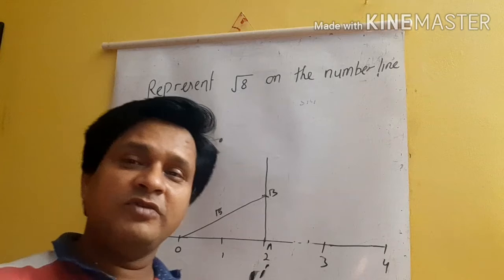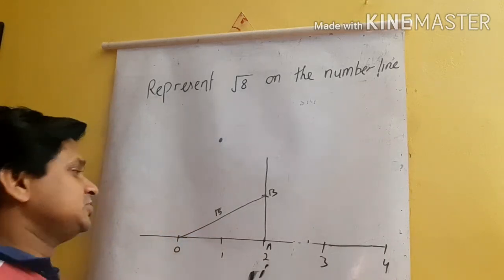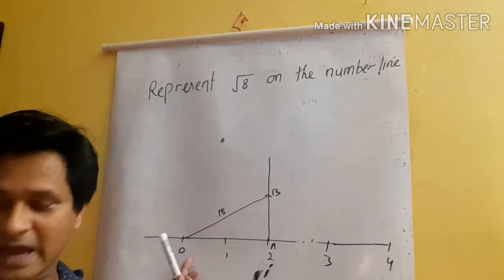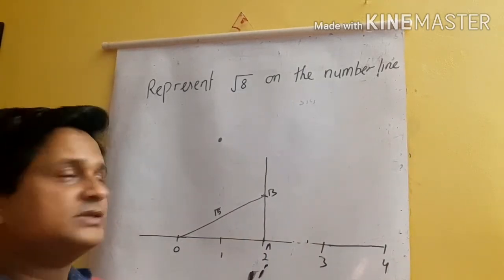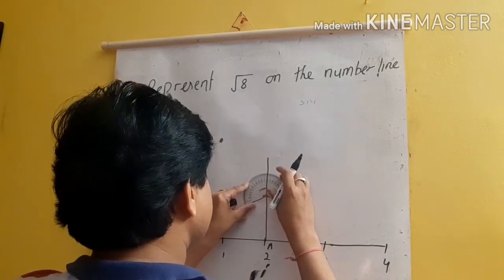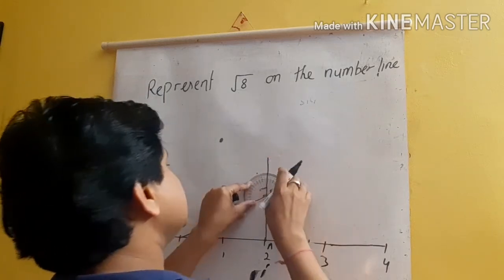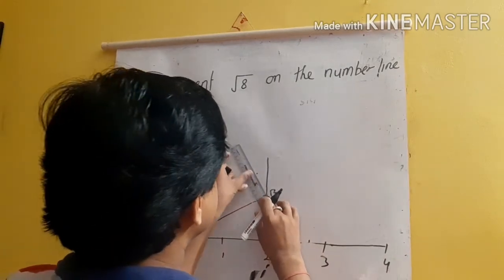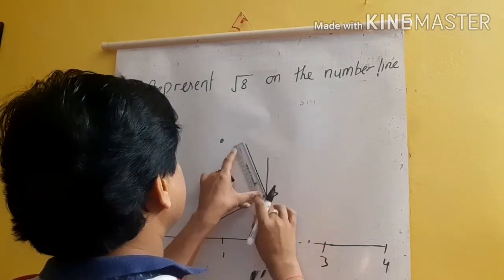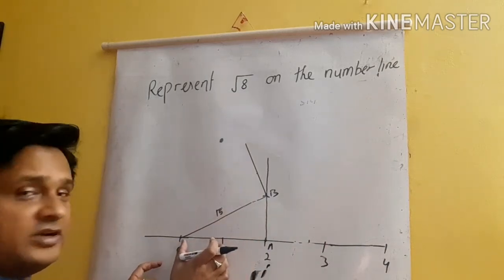I just told you. Now we will represent root 6. So what will you do? Now this will become the base and I will draw perpendicular line on this base OB. So I will use the compass, a protractor, whatever. Now this is 90 degree. I will draw a line. Now I will take 1 unit distance.